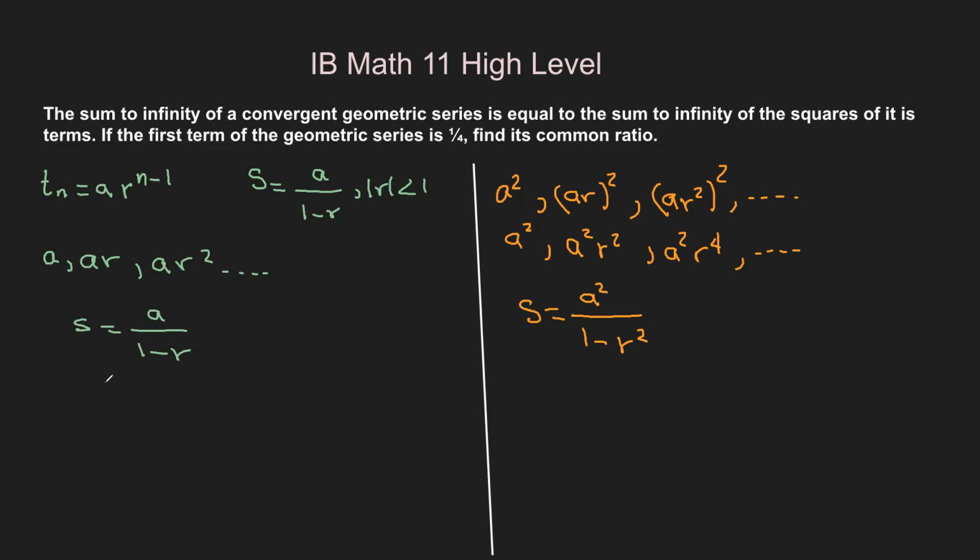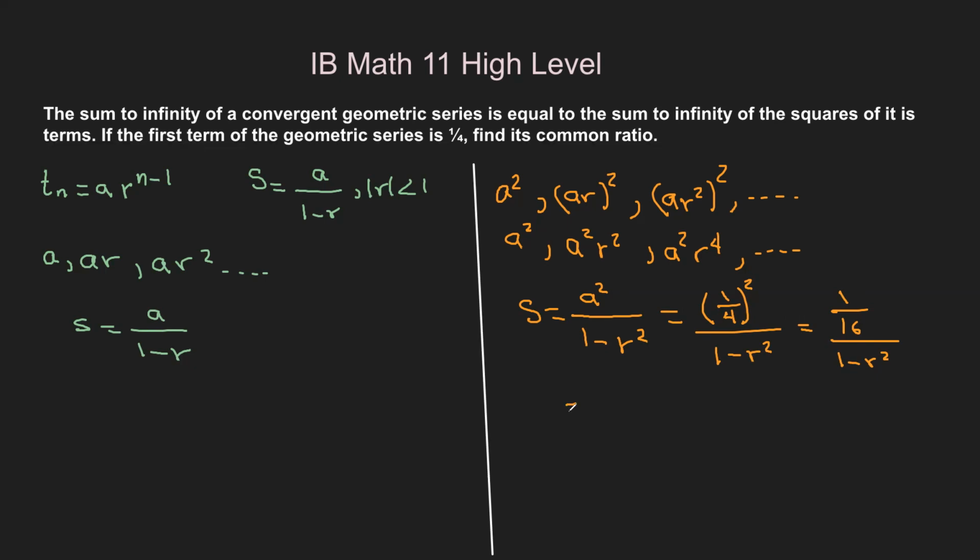So I'm going to sub in the A here: 1/4 squared over 1 minus R squared. Simplifying, I get 1 over 16 all over 1 minus R squared.